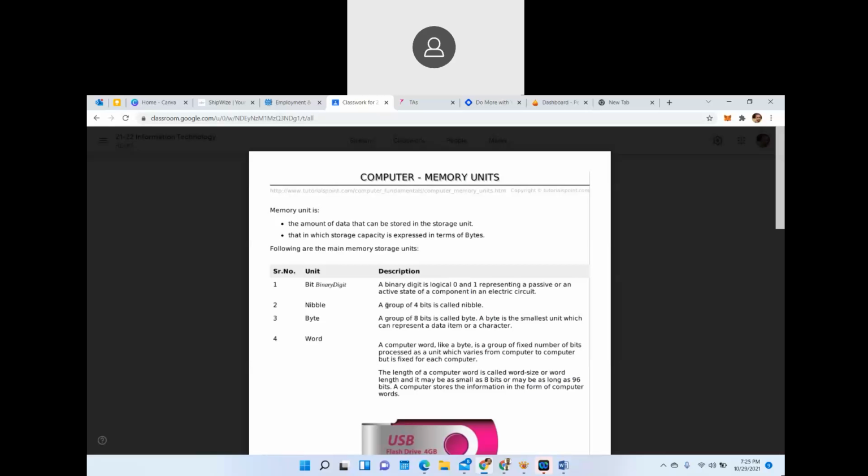So when you're talking about measuring storage, we measure it using bits. We're going to talk about how you store data. The smallest unit of storage is called a bit. A bit was formed from two words, binary and digit.